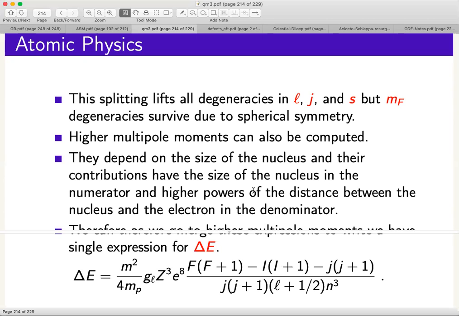Similarly, if you start looking at higher multipole expansion, it would take the size of the nucleus into account. When you do the dipolar contribution, the dipole factor is sitting in the numerator. If you do a multipole expansion for the electric potential, you have the monopole term, which goes as 1 over r.